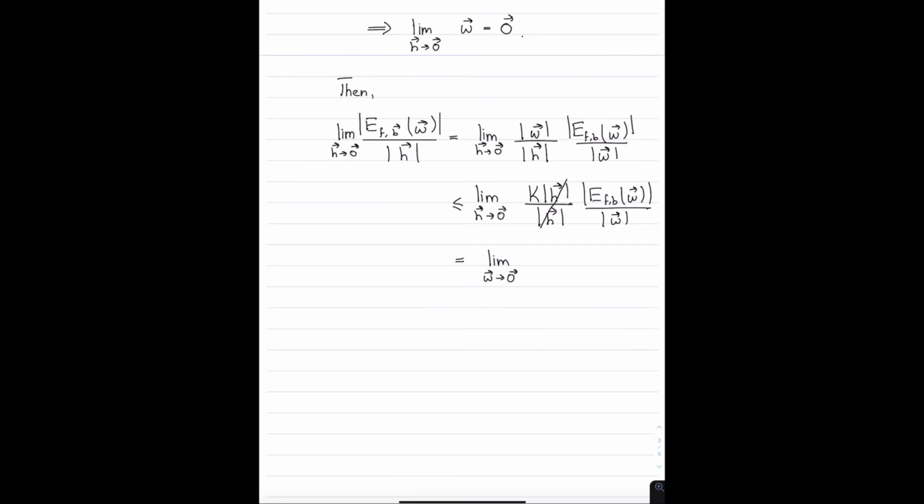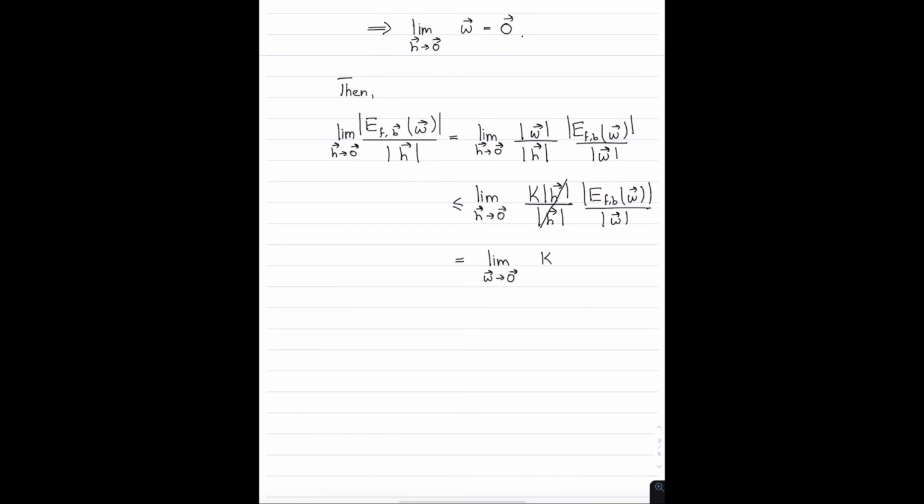We don't need to make any other replacements inside this limit because we've gotten rid of all the terms with an h in it. So now we have only the w terms left over, or the terms being evaluated at the vector w. And now we're going to change the limit. Instead of saying that h goes to the 0 vector, we're now going to say w goes to the 0 vector, which are the same thing in this case, because as h approaches the 0 vector, so does the vector w.